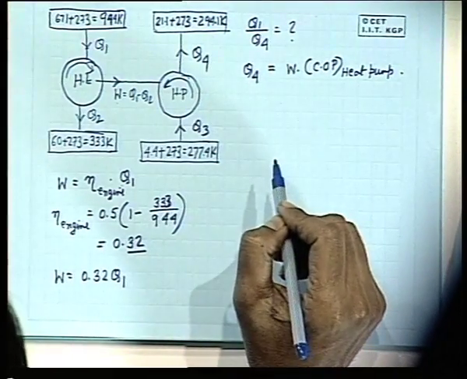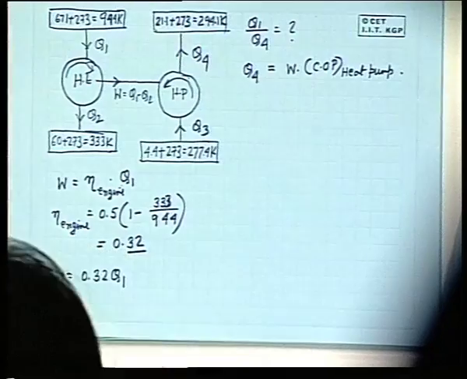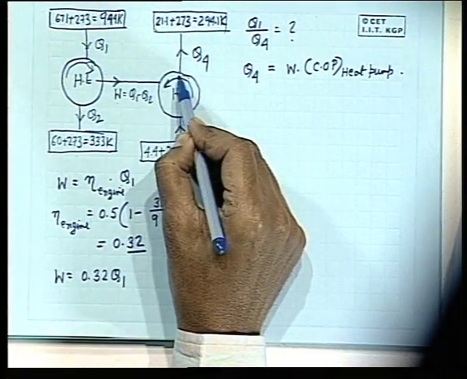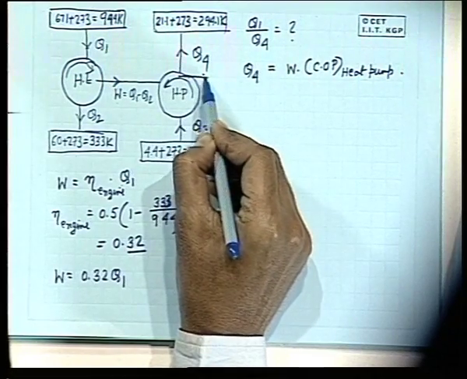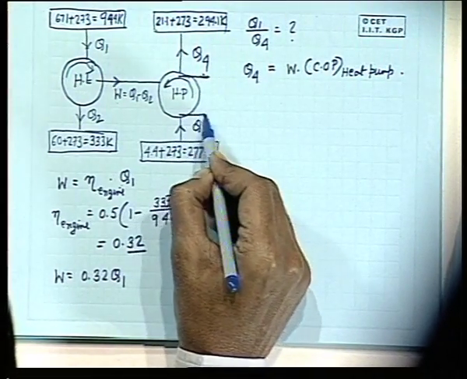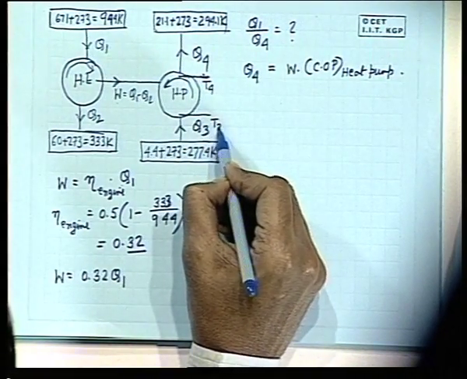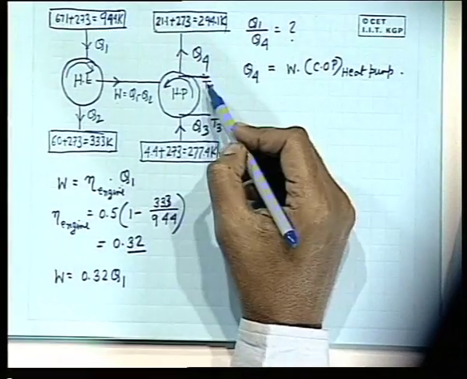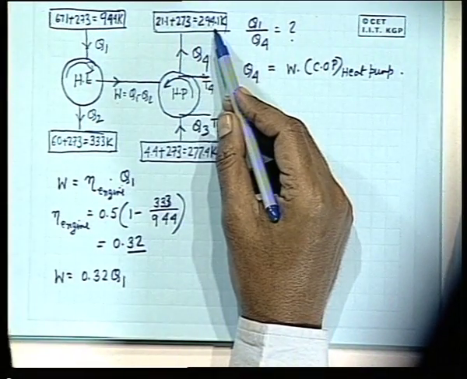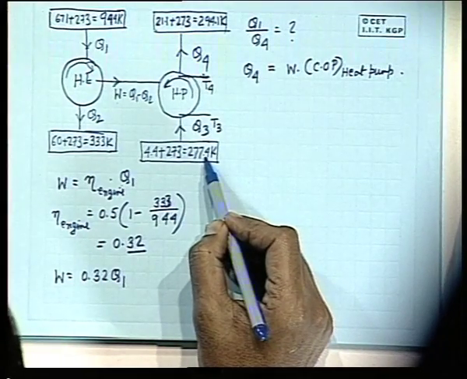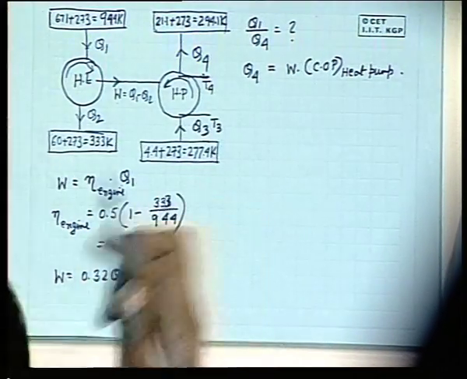Now, what is the COP of the heat pump? But here one catch is that there is a thermal irreversibility. That means, the temperature of the working fluid here, let this temperature be T4, and the temperature of the working fluid here, let this be T3. Neither T4 equals 294.1 K nor T3 equals 277.4 K. So, what is T3 first?